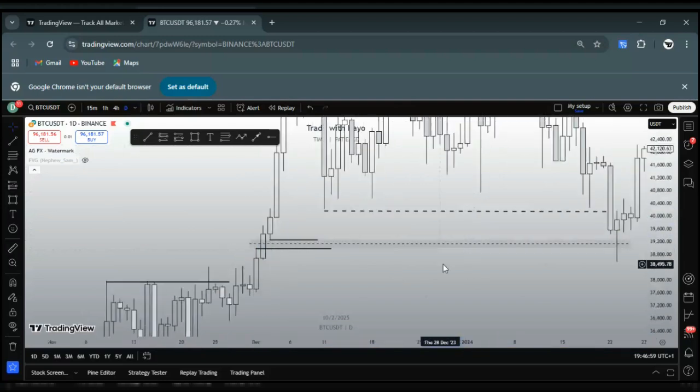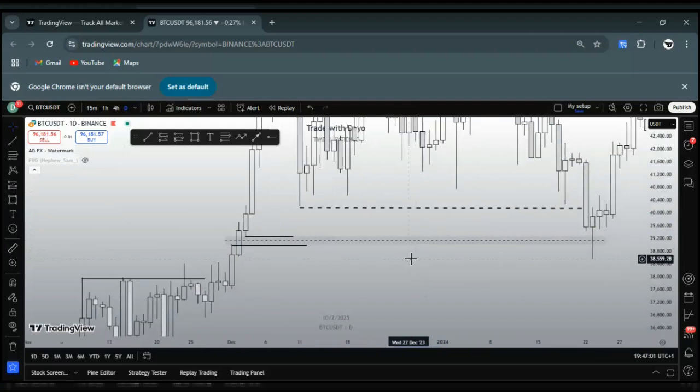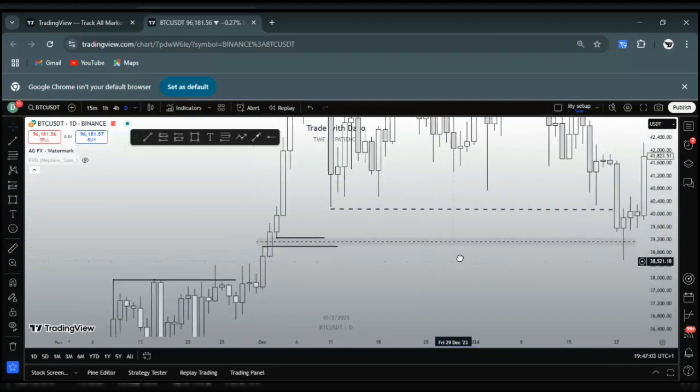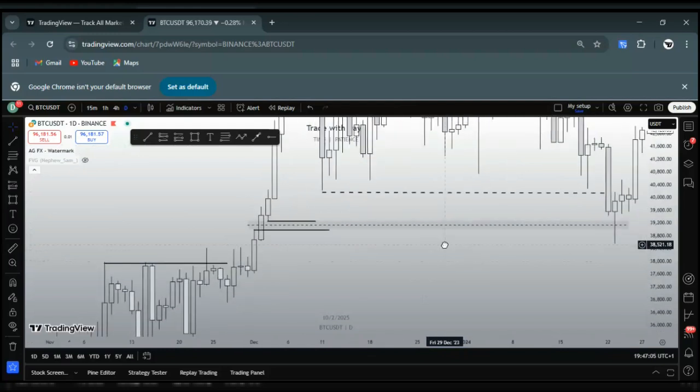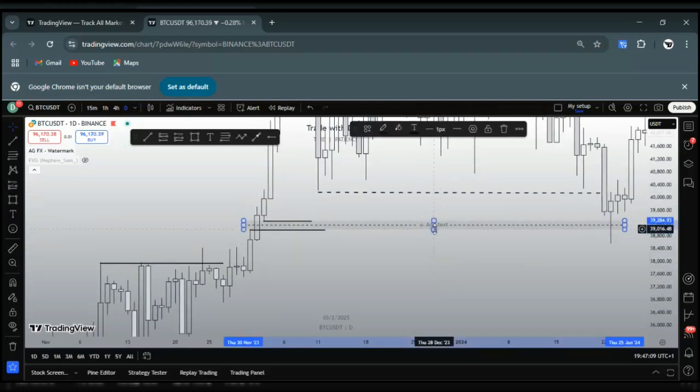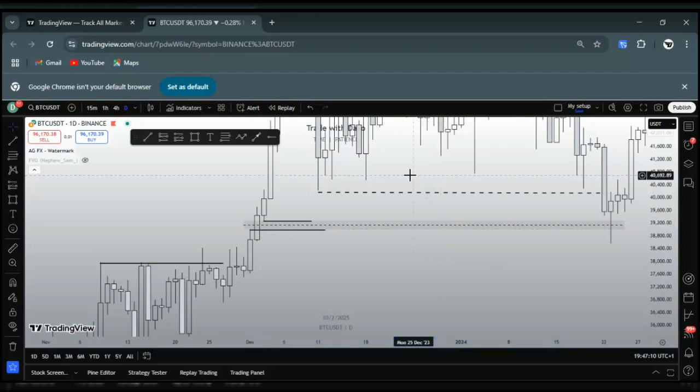Good. After marking your fair value gap, what else? We said we should look out for our order block. So now, let's look out for our order block. Where is it? Our order block is mostly the last negative candle or positive candle, depending on the demand or the supply zone.